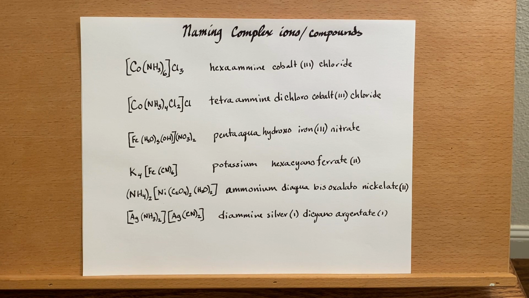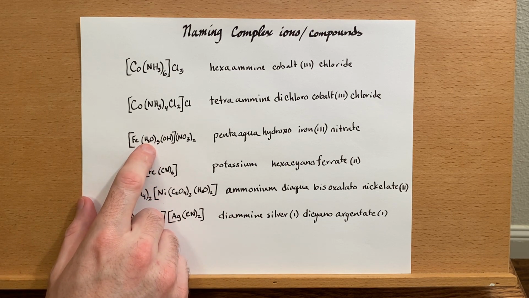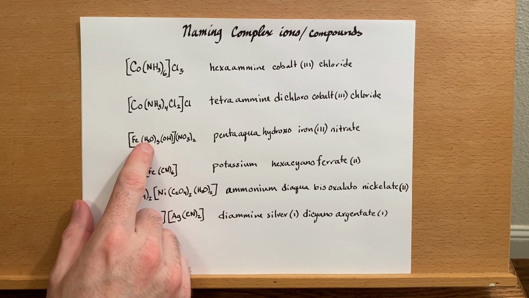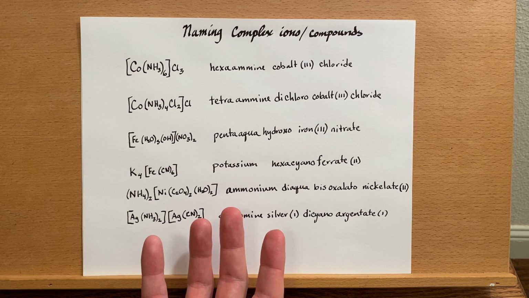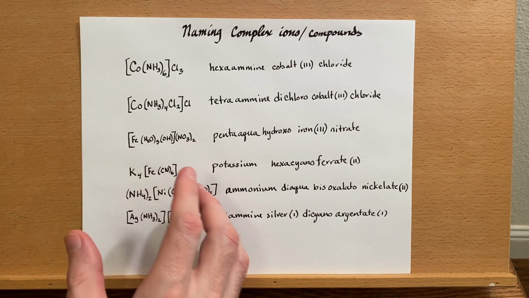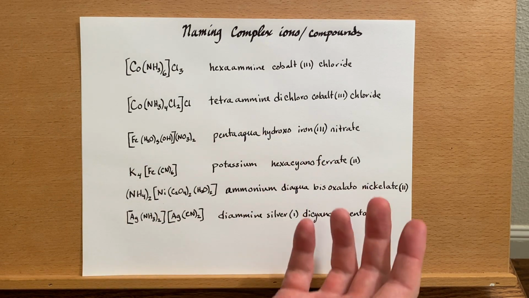Now, it's possible to have lots of different ligands on a complex. As you can see here, we only had 2 on here, but I could have added more on, and it's just a matter of making sure they're in alphabetical order and denoting how many of them there are there.